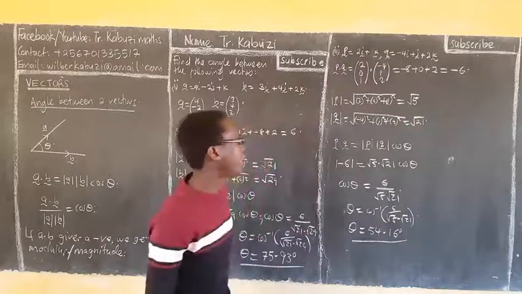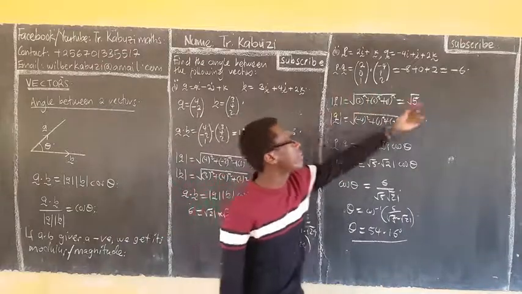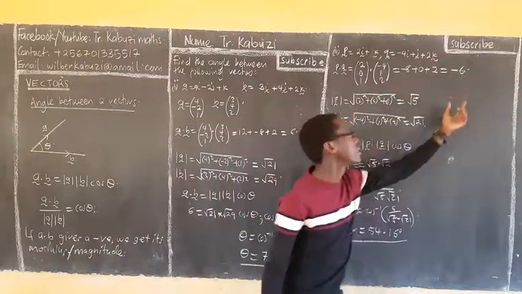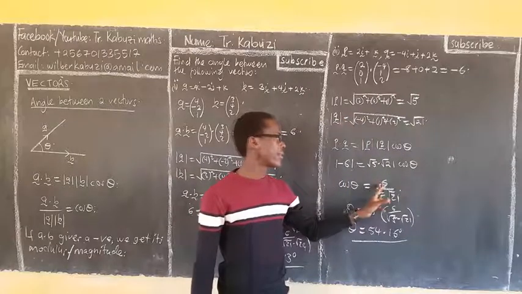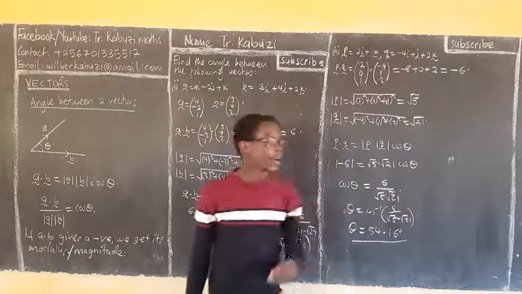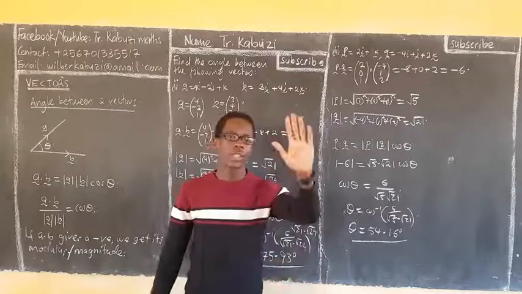What we are learning here is, if this is negative, we take the modulus. Modulus of negative 6 is 6. So that's what we learn if it's negative. That's how we get the angle between two vectors. I wish you the best.